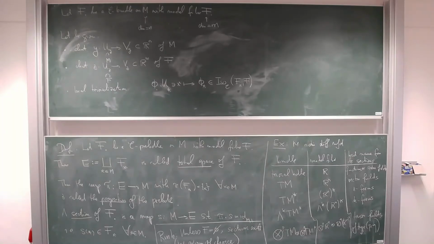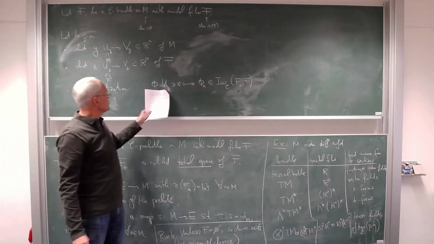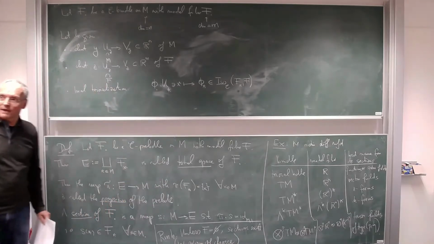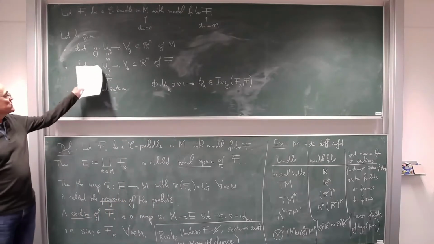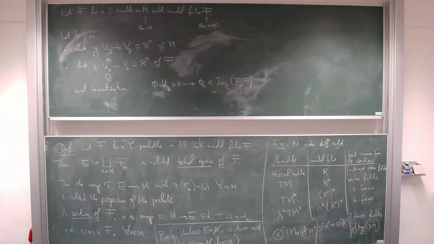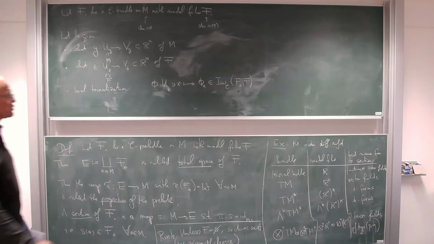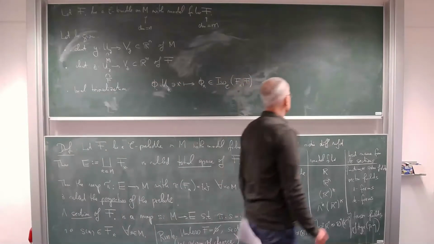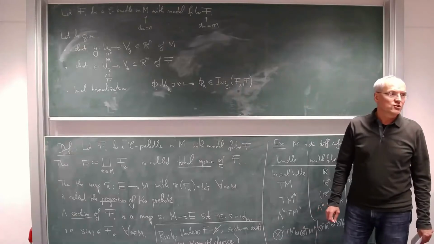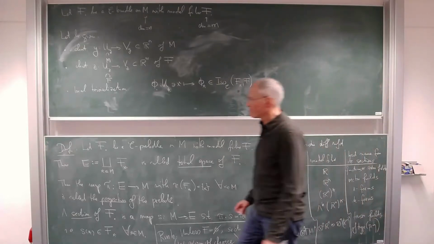So U y and U phi are open subsets of the manifold M, and U z is an open subset of the model fiber F. All right, and now I want to write down a candidate for a chart of the total space.